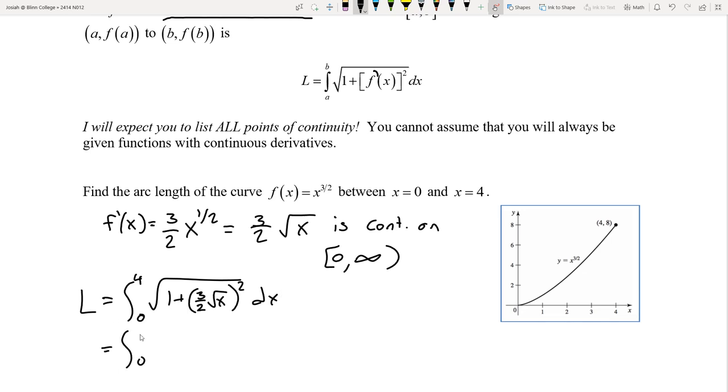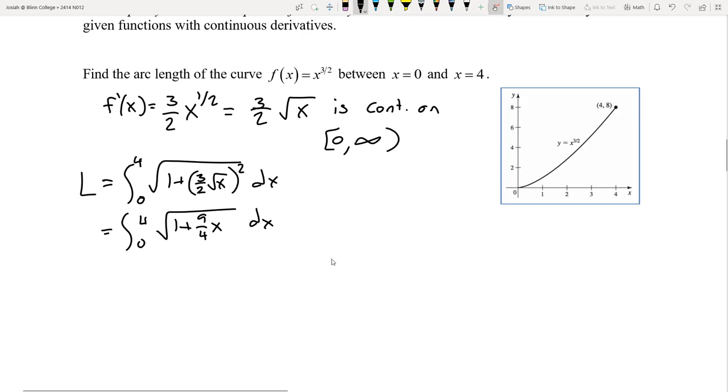So we've got the integral from 0 to 4, root 1 plus 9 over 4 x dx. And we'll use a little u substitution here. So we'll let u equal 1 plus 9 over 4 x. So du will be 9 over 4 dx.